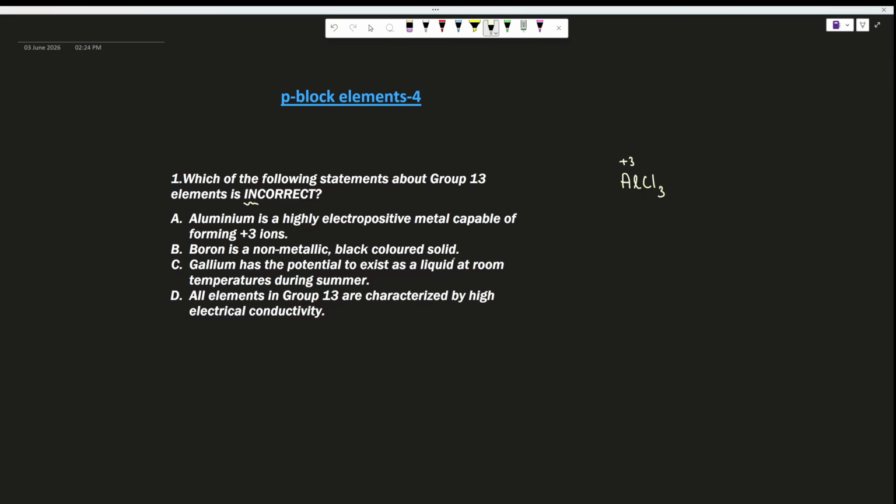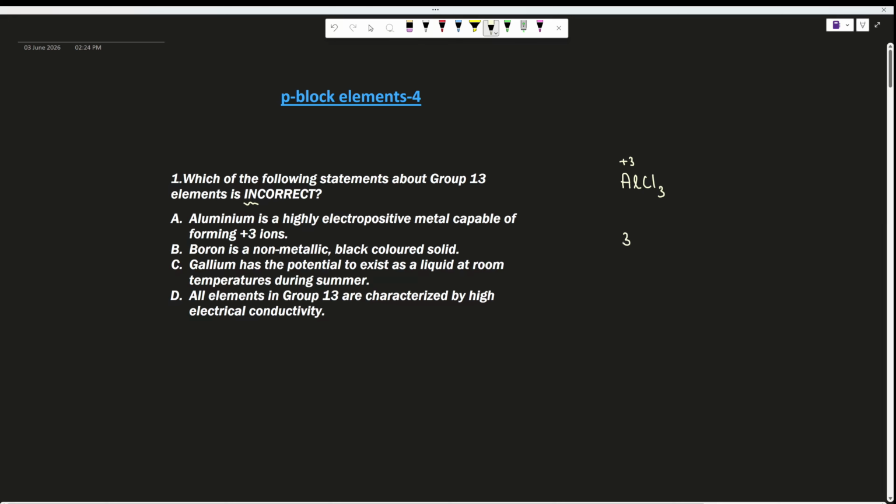Then gallium has the potential to exist as a liquid at room temperature during summer. Yes, this statement is also true. Gallium has a very low melting point, around 303 Kelvin. So during summer, it exists as a liquid.